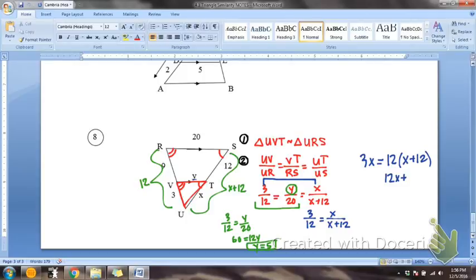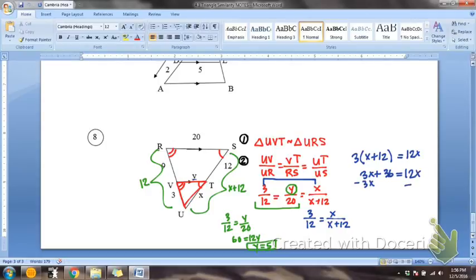Oh, I messed it up, didn't I? Let's try that again. 3 times x plus 12 equals 12x. Does that look better? Yeah. Okay. So 3x plus 36 equals 12x.